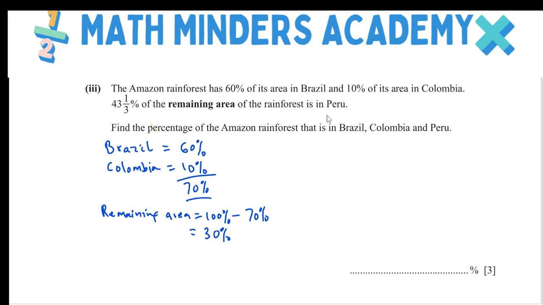And here, 43 1/3% of this remaining area is in Peru. So let's get that of Peru. That gives us 43 1/3% of 30.